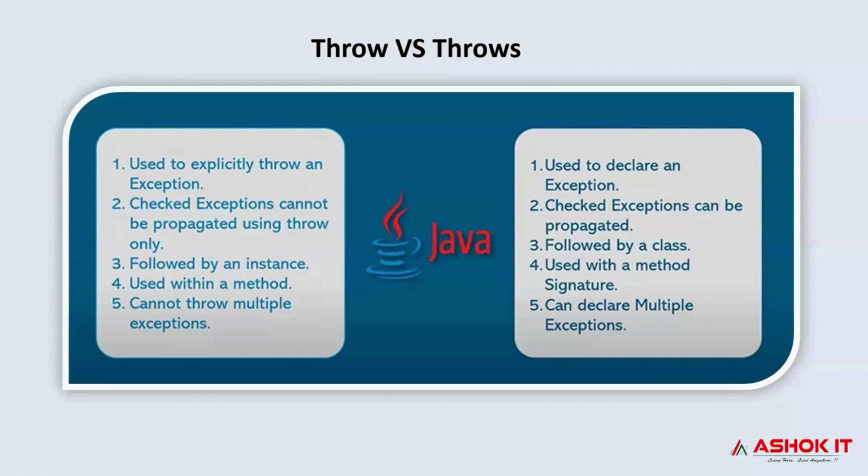Throw is followed by an instance, whereas throws is followed by a class. Throw is always used within a method, and throws is used with a method signature. Throw can throw only one exception, not multiple exceptions, while throws can declare multiple exceptions.